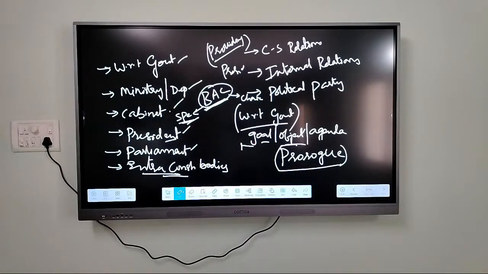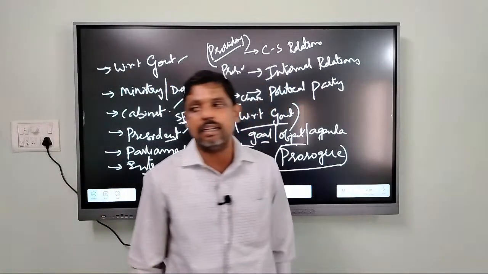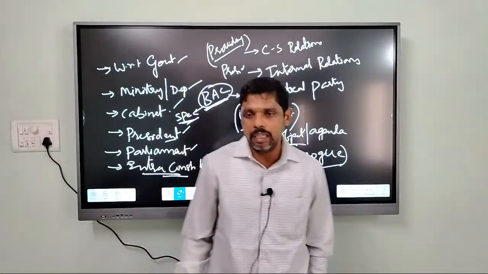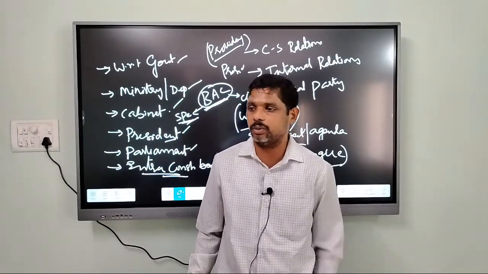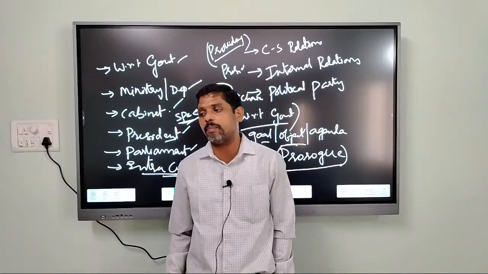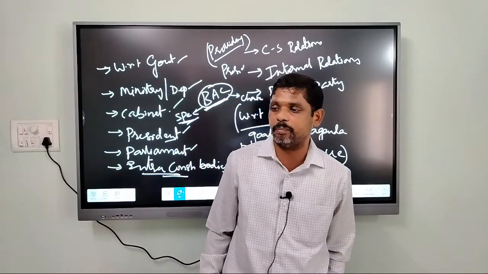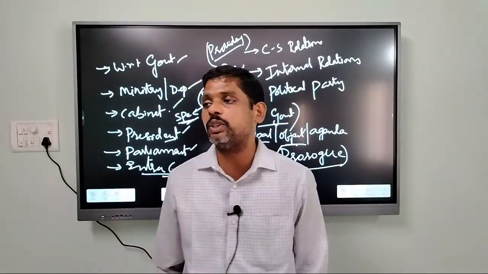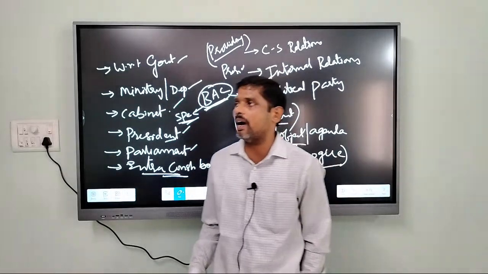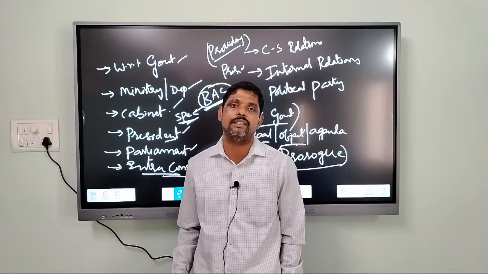Before Niti Aayog, we used to have the Planning Commission and the National Development Council. So the Prime Minister is the ex officio chairperson of this Niti Aayog, Planning Commission and NDC.